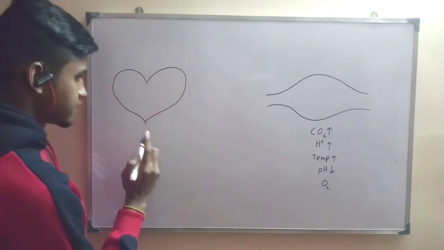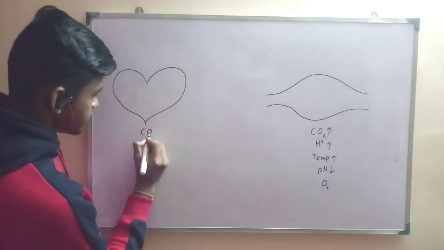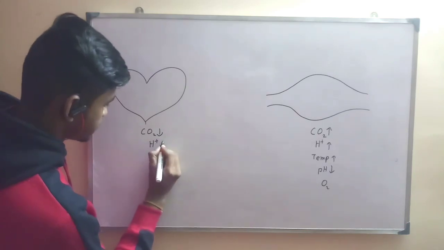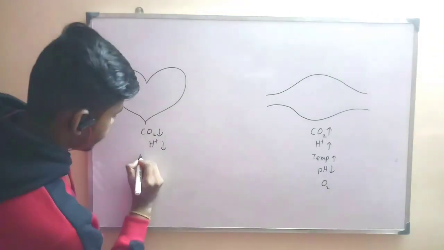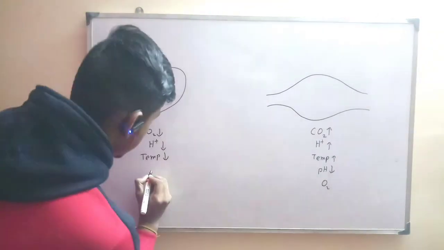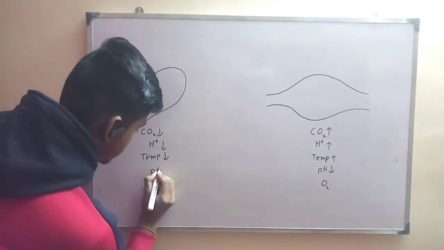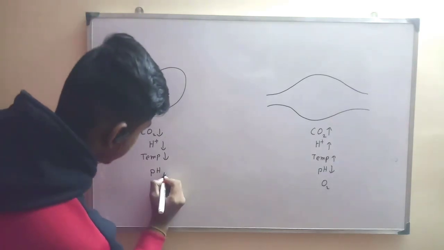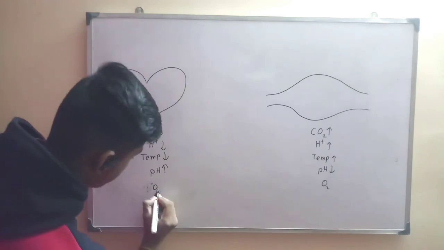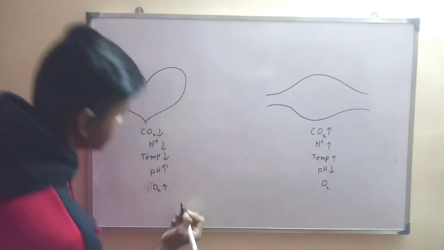And in the heart, the CO2 level is low, hydrogen ion concentration is low, temperature is low, and pH is high, and the O2 level is high.